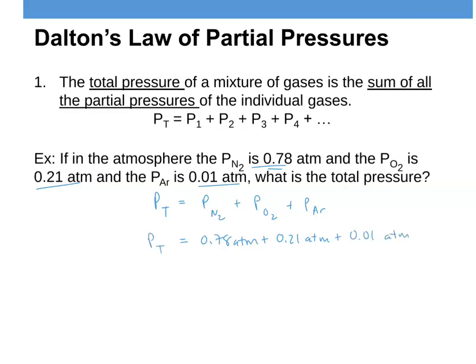If I add all those up, I get that the total pressure is 1 atmosphere. Which is not a shocker, since 1 atmosphere is the pressure that we're in. But this is the mixture of gases that we have. It's mostly nitrogen and oxygen, and there's a little bit of other gases, argon being one of the main constituents of the remaining gases. So you literally just add up all the partial pressures to get the total pressure.